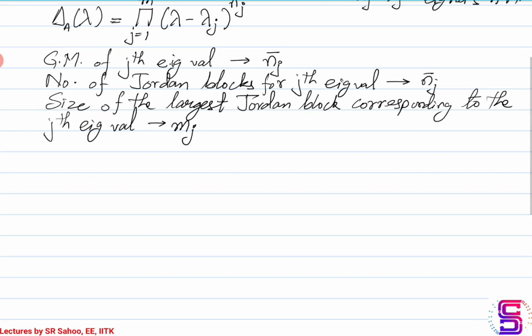Okay, so this m and the m that we used upstairs with the continued product or the summation are different. So the size of the largest Jordan block corresponding to the jth eigenvalue is mj.